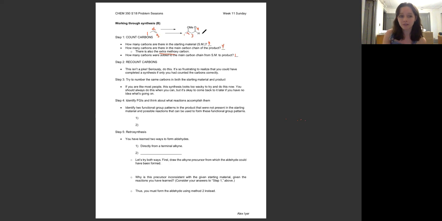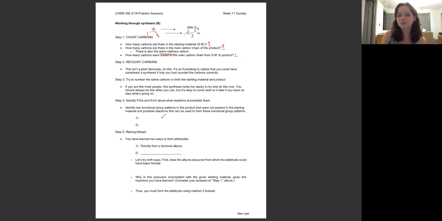What carbon could that have come from in my starting material? Did carbon 1 turn into what I'm calling carbon 4? Or is there no way carbon 4 could have come from this original material, and that has to be the carbon I add? I'm not going to run through it right now because I don't want to confuse you, but we're going to keep what carbon came from where in mind as we step through this.